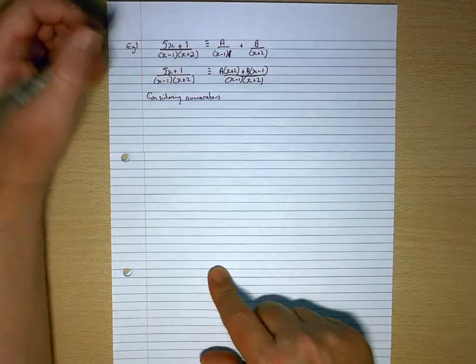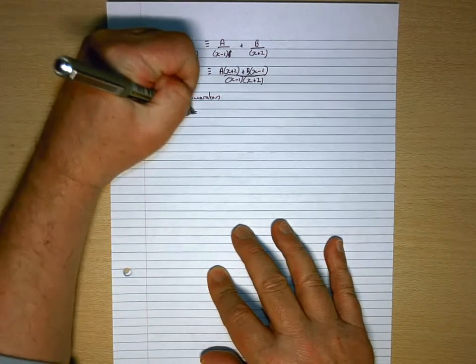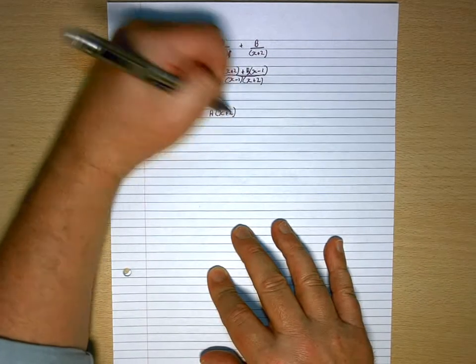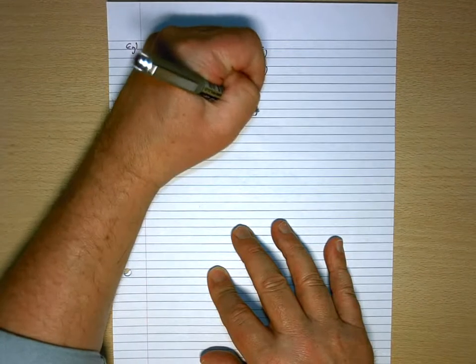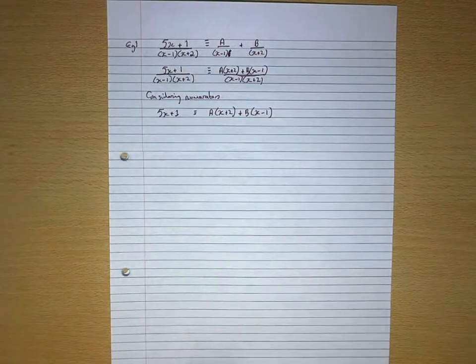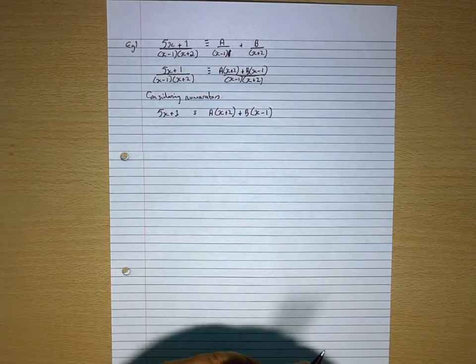So if we consider the numerators, that 5x plus 1 has to be equivalent to a(x plus 2) plus b(x minus 1). Now there are two methods that we can use to find the values of a and b.